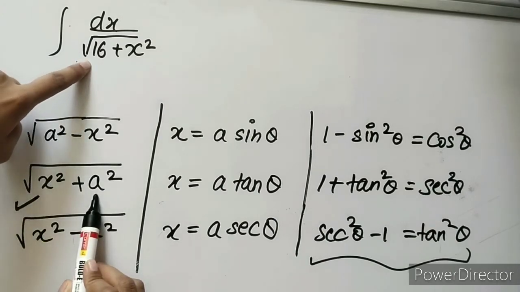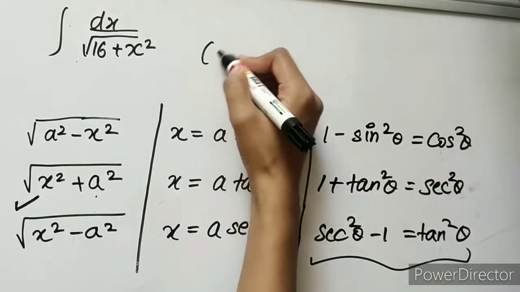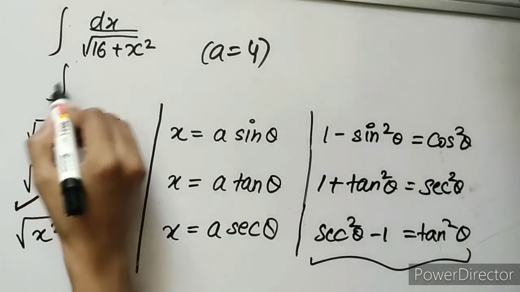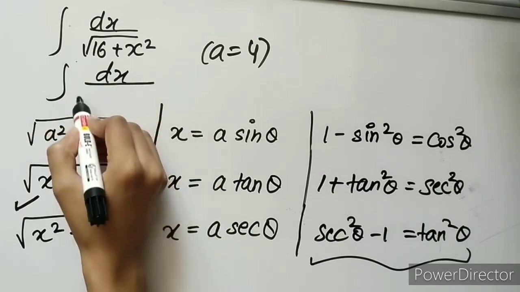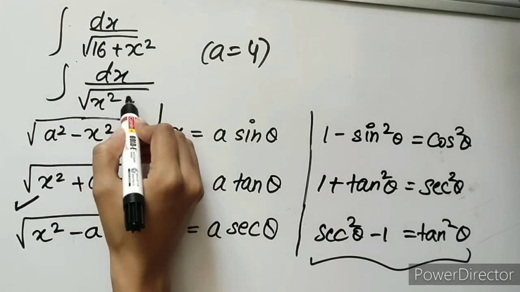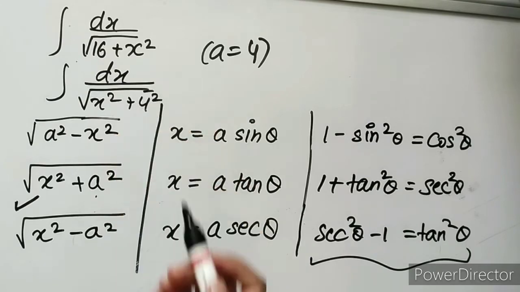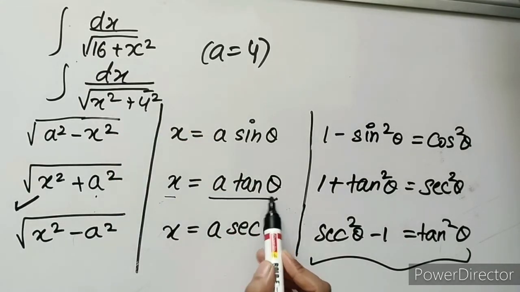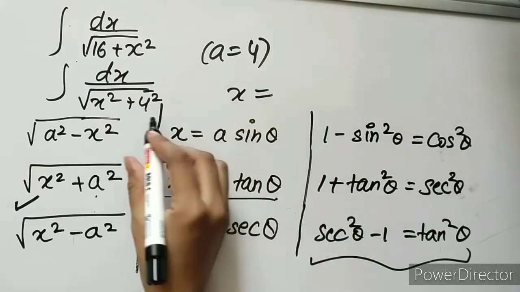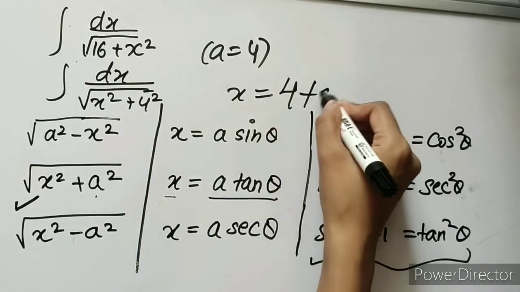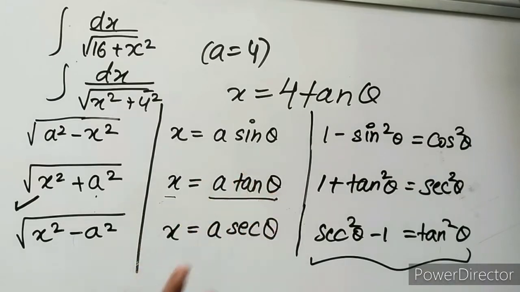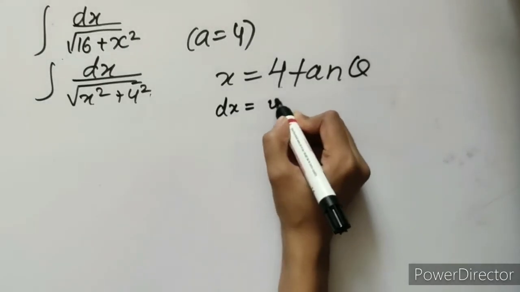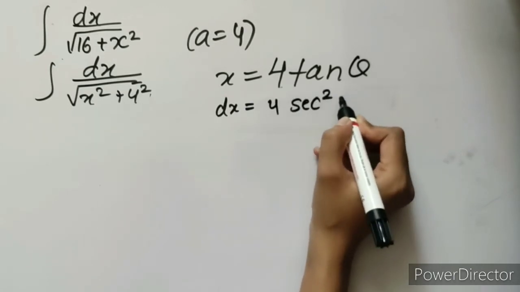As you can see, 16 is equal to a square, that means a is equal to 4, or you can write it as dx over root of x square plus 4 square, isn't it? Now you have to substitute x is equal to a tan theta. So x is equal to 4 tan theta. You have to remember this. Now when you differentiate it, you will get dx is equal to 4 sec square theta d theta.